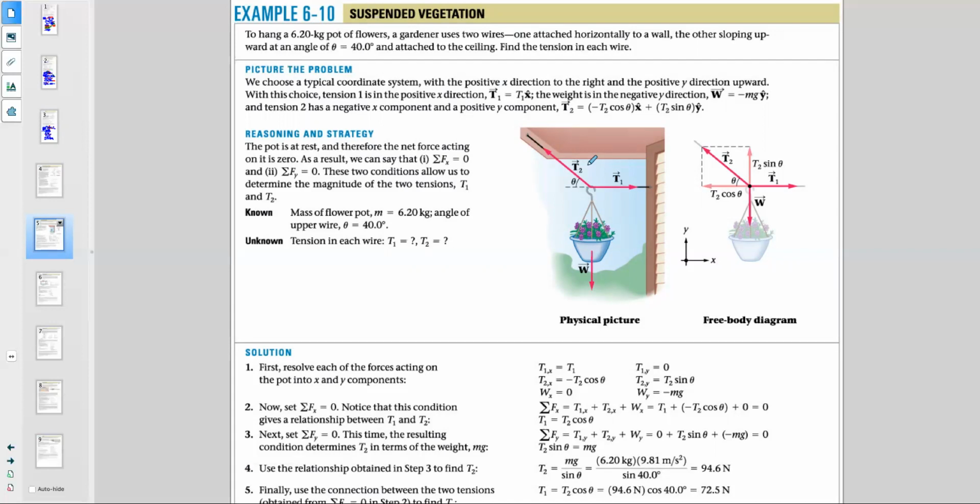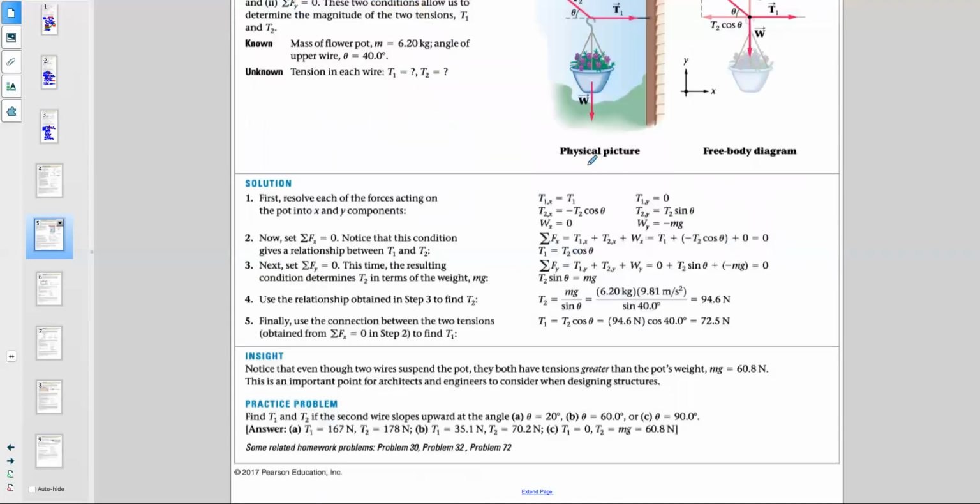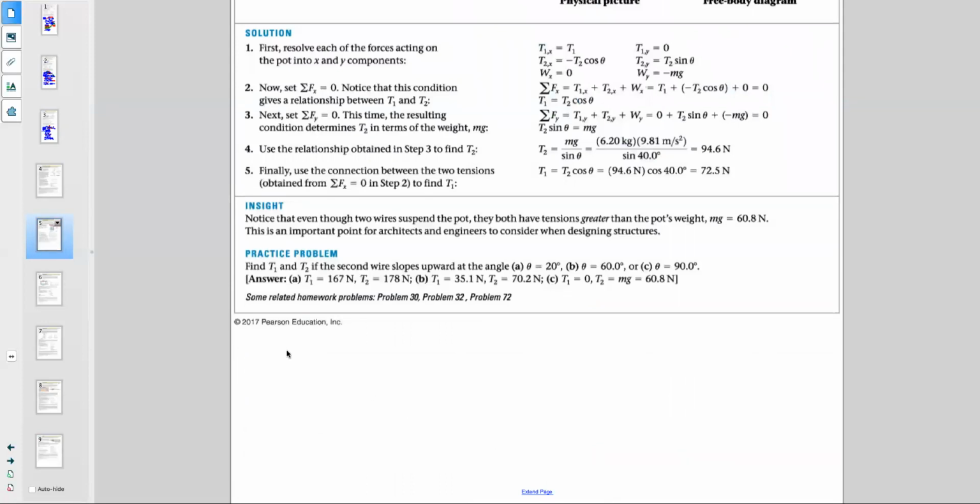So we know what theta is and we know what m is. M is 6.2 kilograms and theta is 40 degrees.